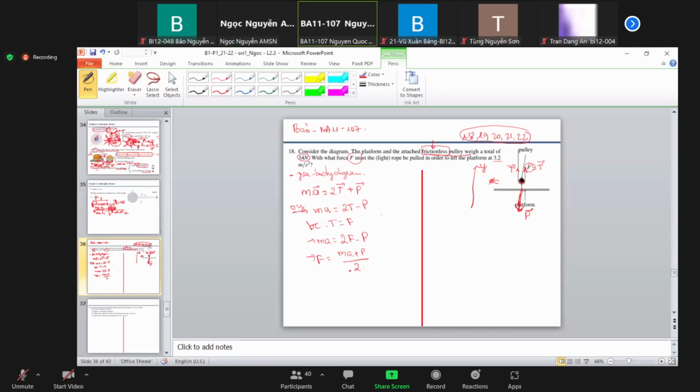So we have the mass, according to the second law of Newton, equal to P, the gravitational force, over G, the gravitational acceleration. Right? Yes. Multiply by A plus P, all over 2.